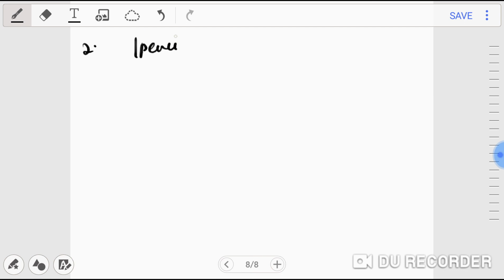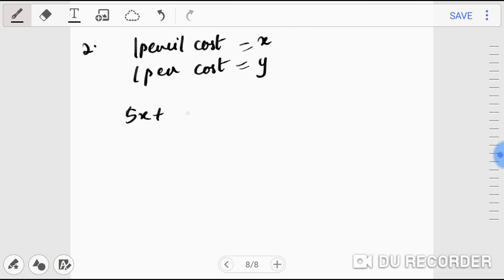So can I put one pencil cost is x and one pen cost is y. So we have one pencil cost as x and he has purchased 5 pencils and 7 pens at rupees 50. And next time he is purchasing 7 pencils and 5 pens at 46. So you got very clear two equations.